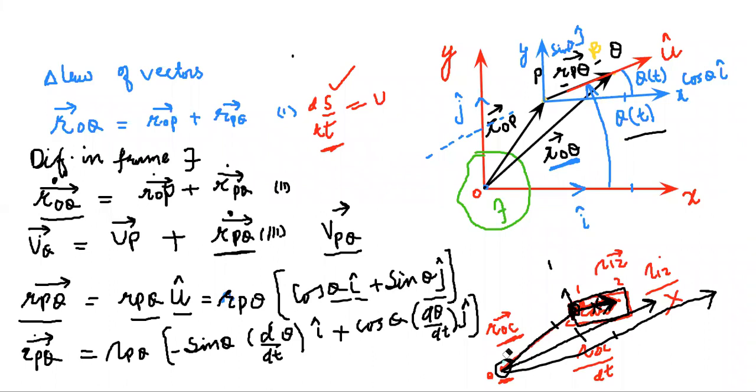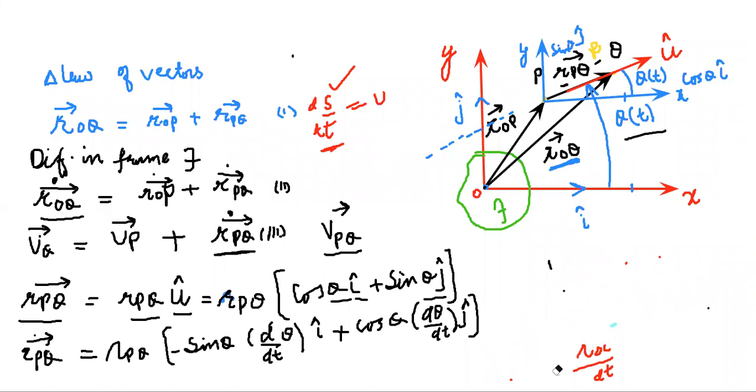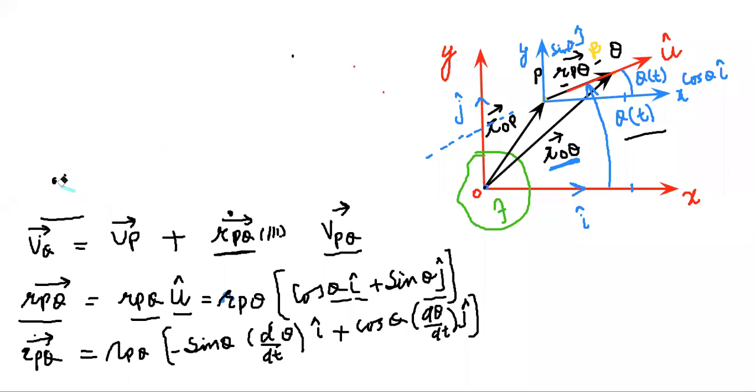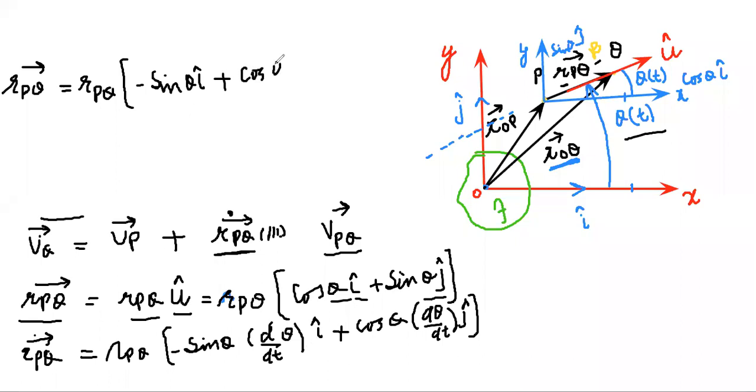We can further write this as rpq dot. The derivative of the rpq vector can be written as magnitude rpq multiplied by minus sine theta I cap plus cos theta j cap.